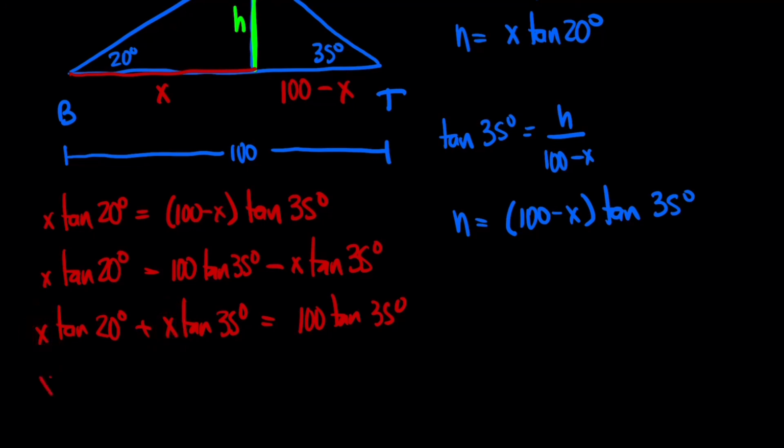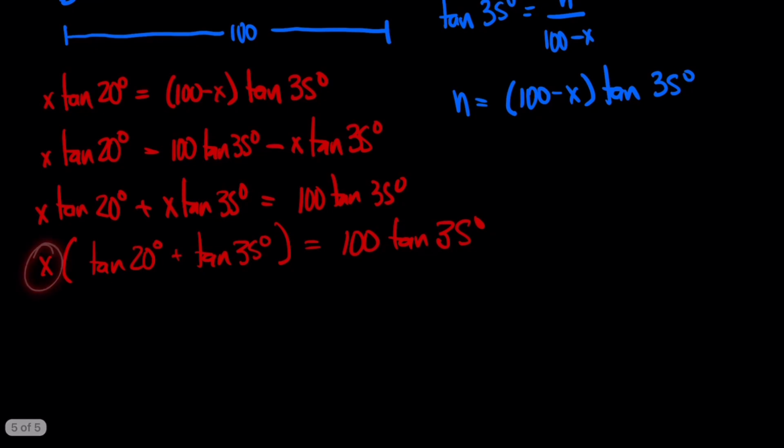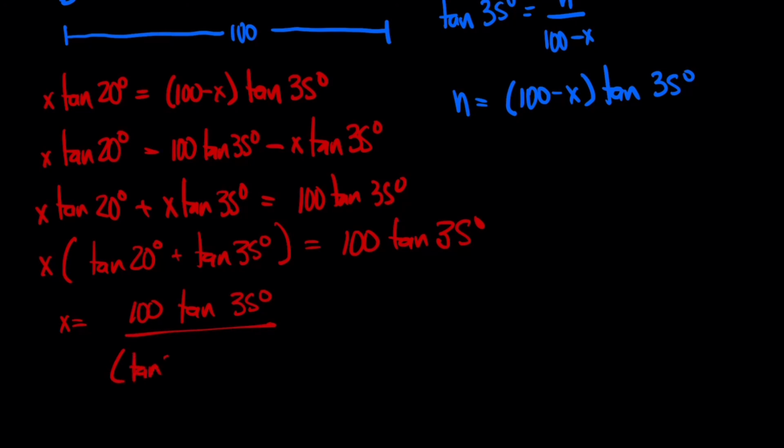So I have X times (tangent 20 plus tangent 35) equals 100 tangent 35. Now, since X is in one spot and we're multiplying it times this, let's divide both sides by that expression. Okay, so X equals 100 tangent 35 degrees divided by (tangent 20 plus tangent 35).